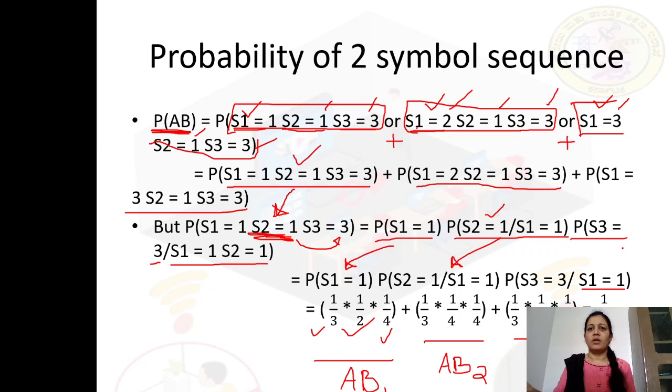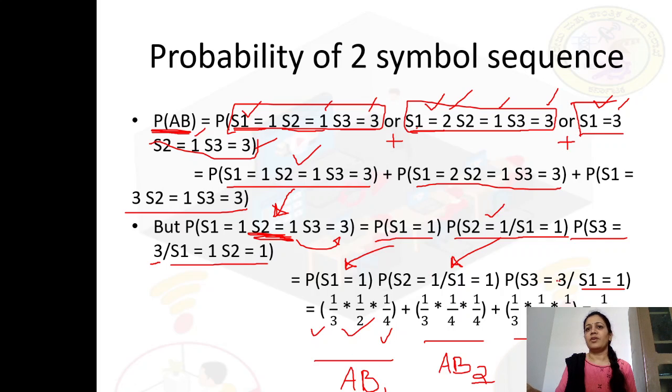So all these terms are for the sequence AB only, by considering state 1 as the initial state, state 2 as the initial state, or state 3 as the initial state.